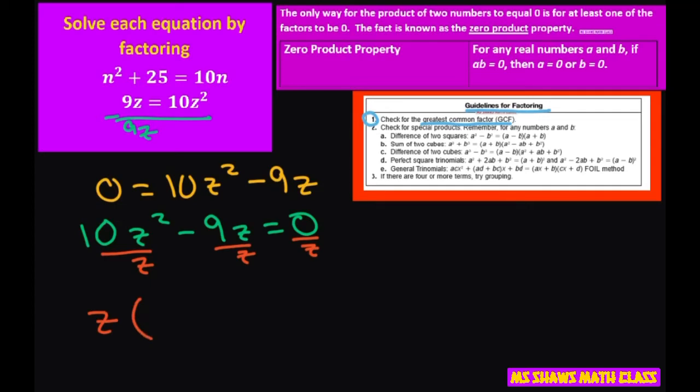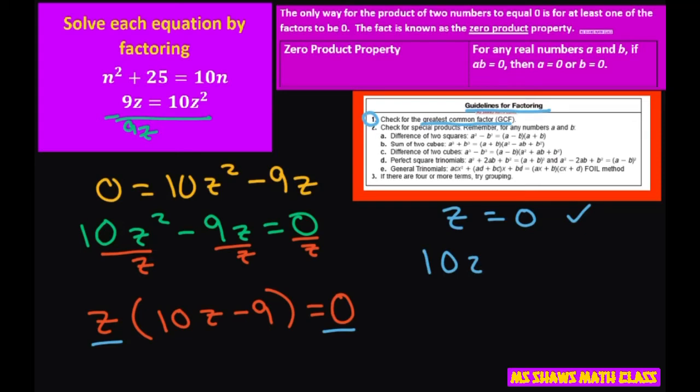So now when you do that, you're going to get c times 10c minus 9 equals 0. 0 divided by c is 0. Now we have two things we're going to set to 0. We're going to have c equals 0, which is already solved for us, and 10c minus 9 equals 0.